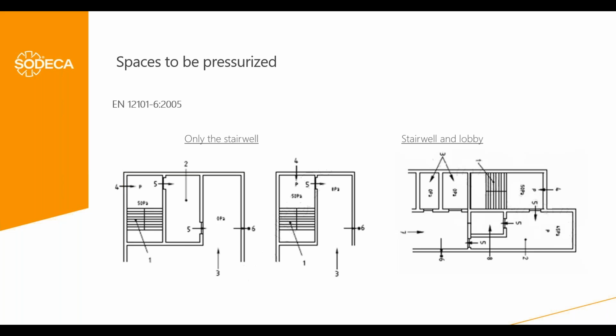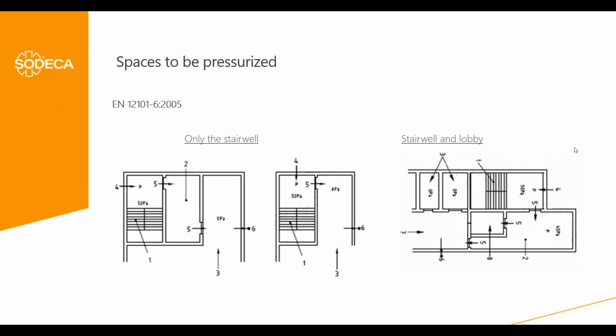But the standard also says that if we have the configuration with the staircase, the lobby, and the lift shaft inside the lobby, it was mandatory to pressurize the lobby or the lift shaft.